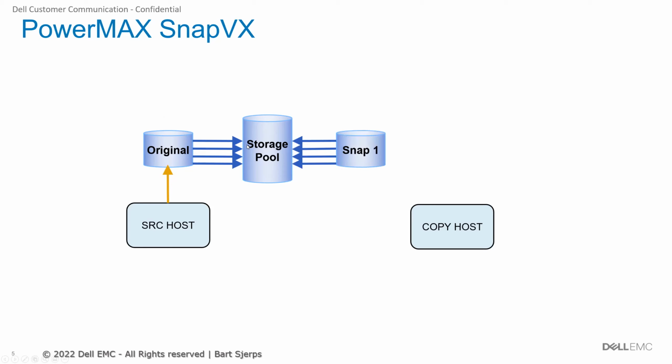So this is my snapshot. At the point that I make the snapshot, which is very fast, a fraction of a second, all my pointers from my snapshot point to the same offsets in my storage pool. So it doesn't take any capacity until my original database modifies data or I modify something on the snapshot.